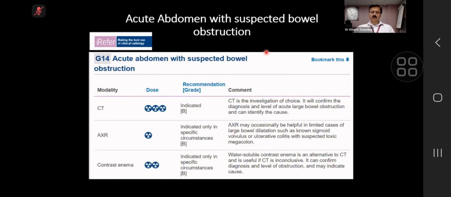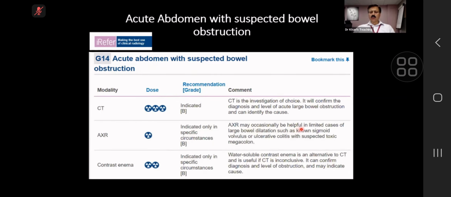Please remember, they ask these questions. And between the lines, there are many things written here which they might ask. So let's go through the acute abdomen. This is G14 in your iRefer: acute abdomen with suspected bowel obstruction. They are saying that you should do CT or X-ray.